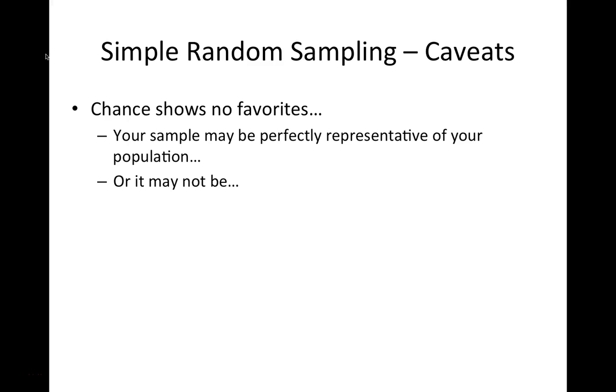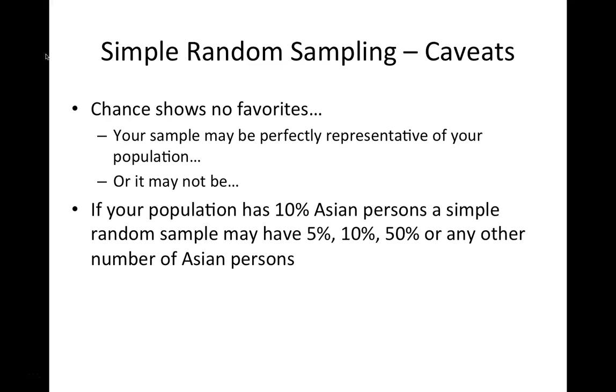And so your book notes this, and I think it's an important thing to note that, as they say in gambling, chance shows no favorites. So your sample may be really well representative, a good representative sample of your population, or it might not be. That's the thing about chance.